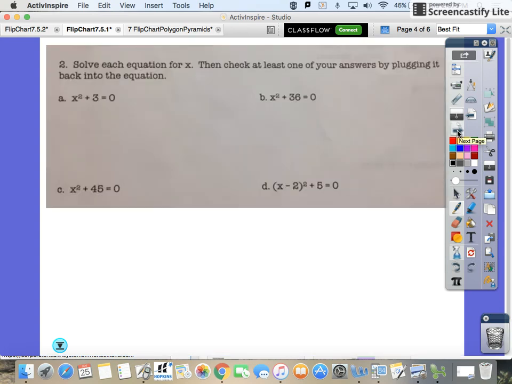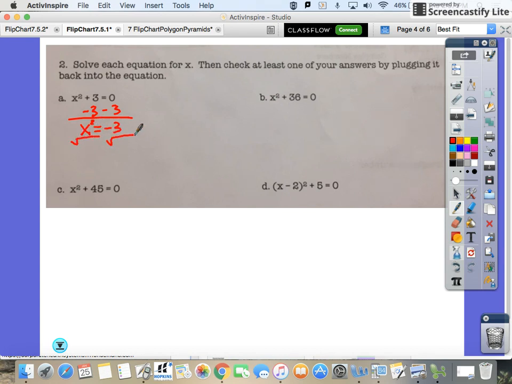In these four examples, what we're going to do is use our normal PEMDAS, SADMEP to solve for x. It says to plug it back into the equation, but I'm not going to have us do that. I'm just going to have us solve for now. First thing we have to do here is subtract 3 on both sides, and we get x squared equals negative 3.